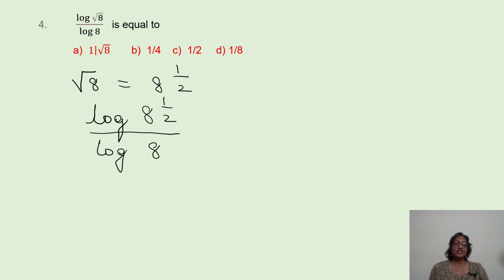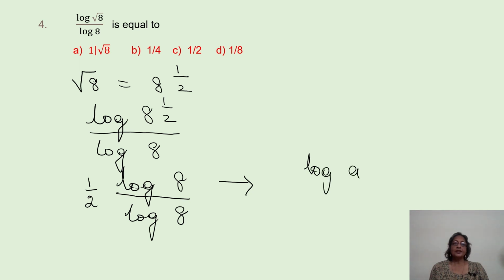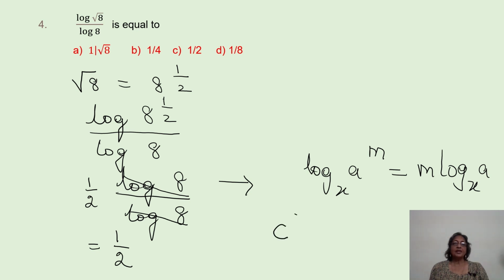Then using the property, again what we used in the first sum, this would become half log 8 upon log of 8. What is the property that we have used here? Log of a raised to m to the base x is equal to m log a to the base x. Now here what happens? Log 8 cancels and we are just left with the answer half. So the correct option is the C option here.